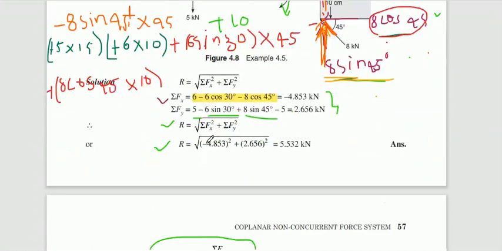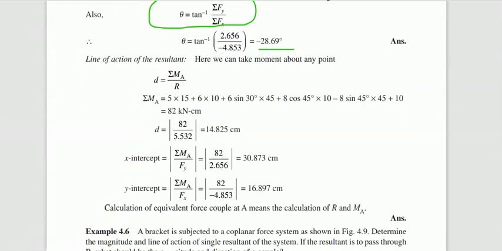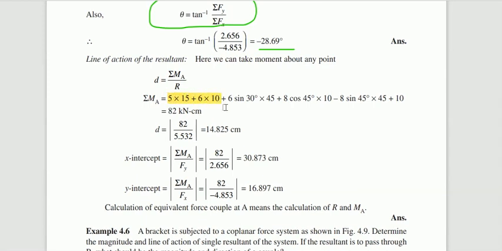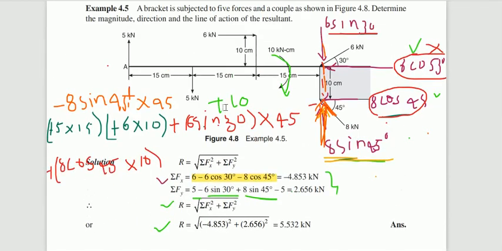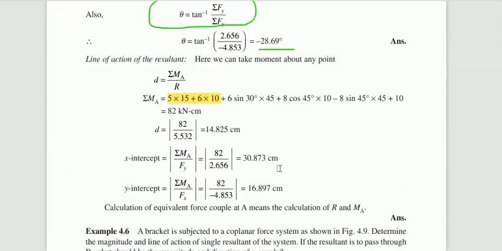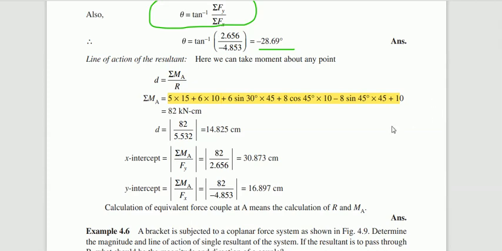Okay. So the same thing they have considered here. Whatever I have written, similarly they have considered 5 into 15, 6 into 10. By simplifying you will get the values, and the given moment also you directly have to take.